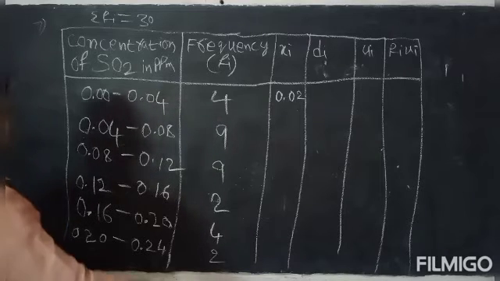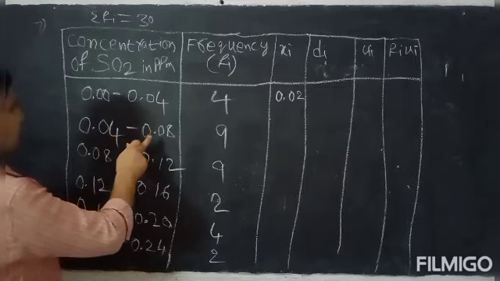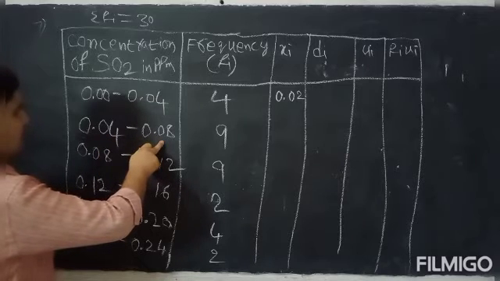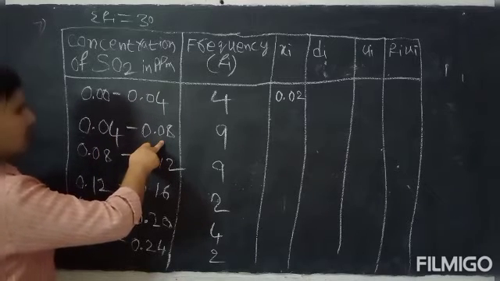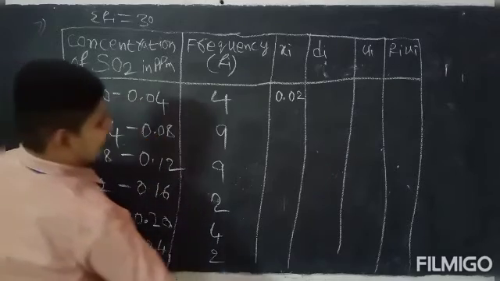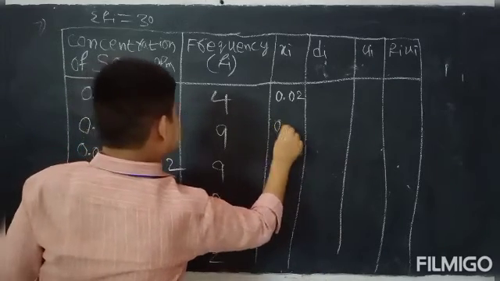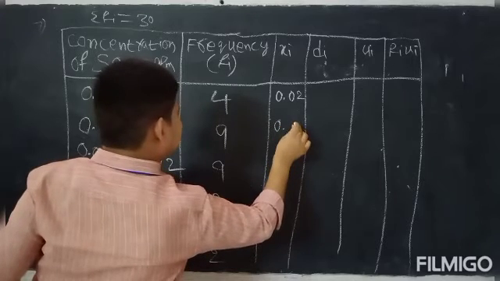Now 0.04 plus 0.08 is 0.12. 0.12 by 2, 0.06. Okay?